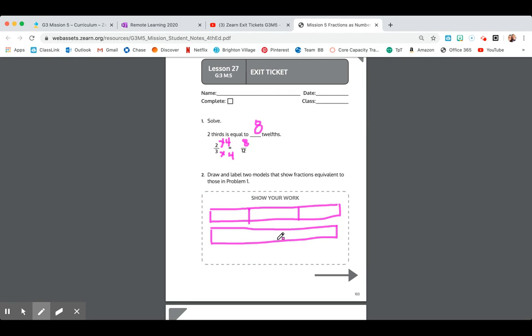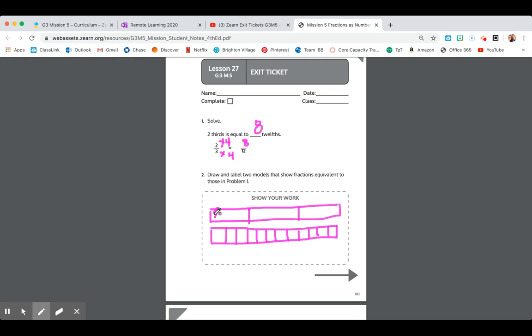In my second one, I'm going to split into 12ths. So 1, 2, 8, 9, 10, 11. So now I have 12 pieces.